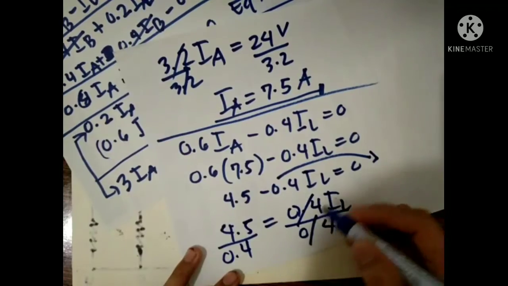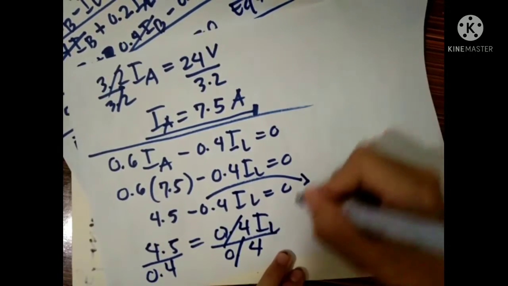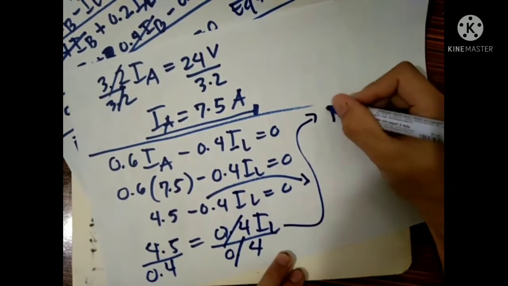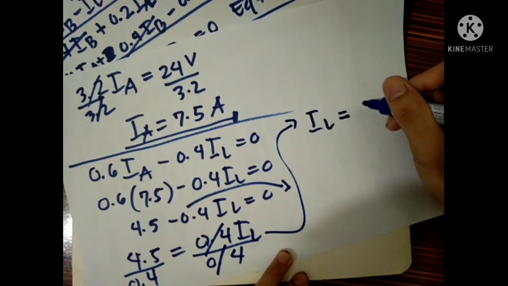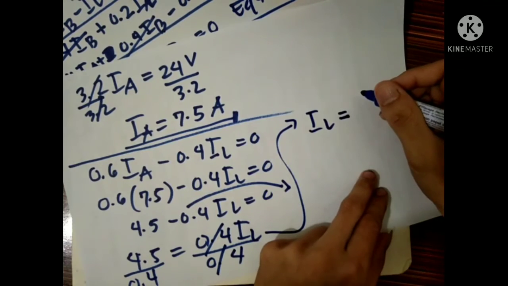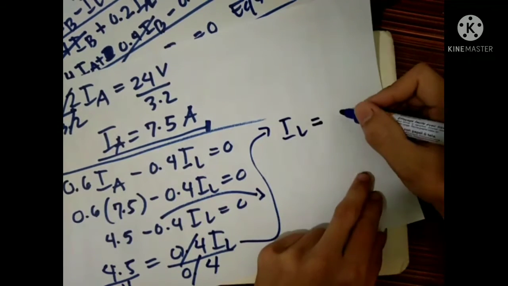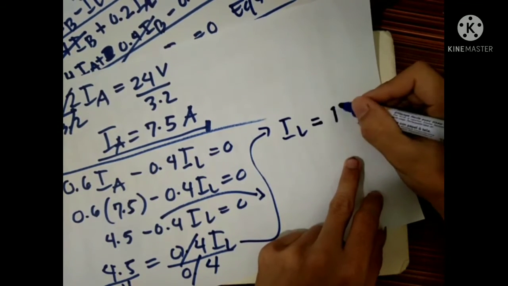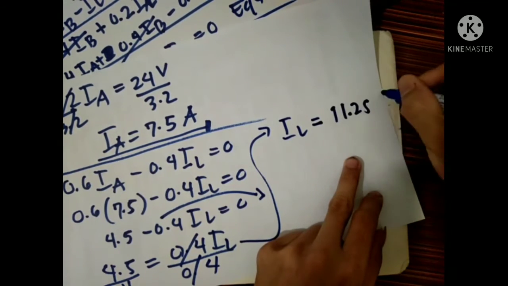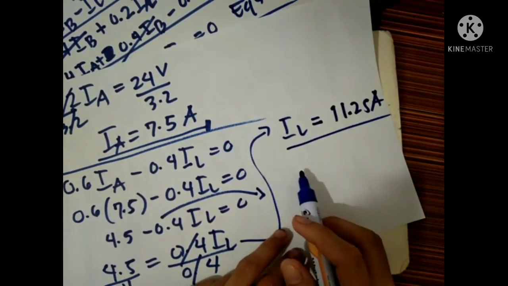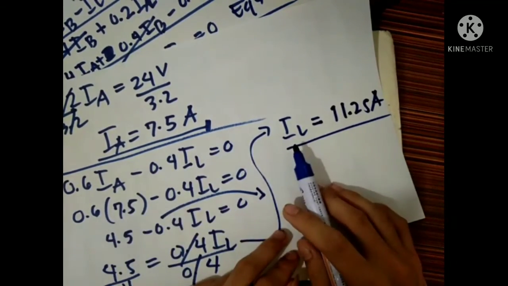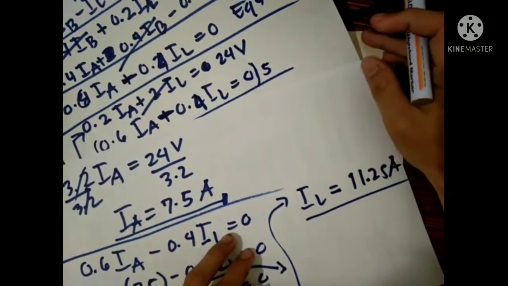So IL is equal to 4.5 divided by 0.4. Using the calculator, we have the value 11.25 amperes.